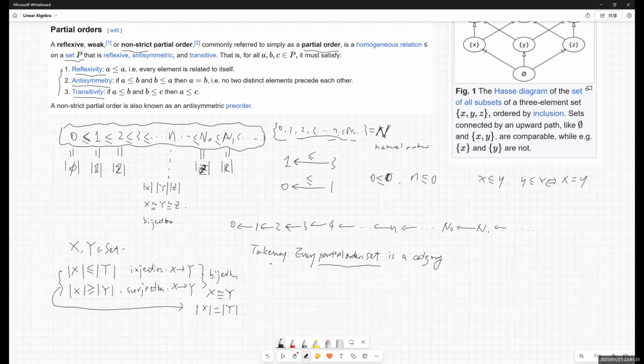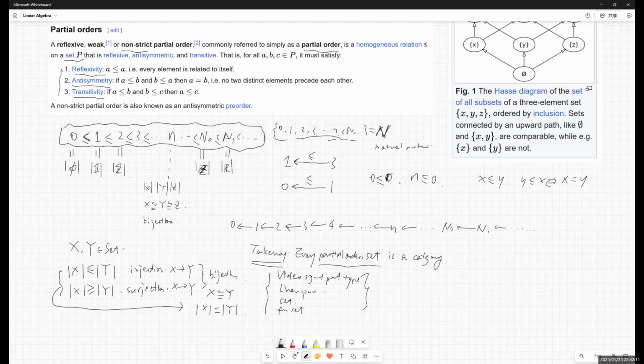We have studied several categories. The first one is the video signal port types. The other one is linear spaces. And the category of sets and the category of finite sets. We have 4 examples of category. They look very trivial, right? But here, it's an interesting result that every partially ordered set is a category.